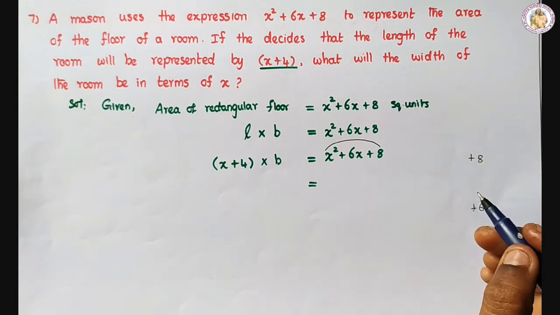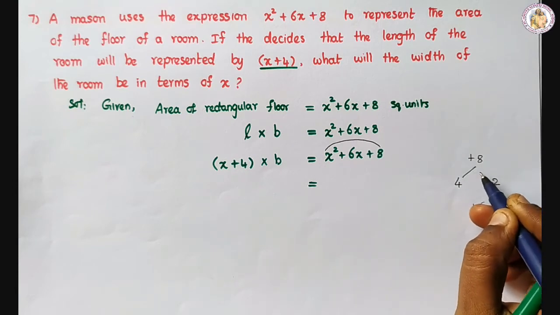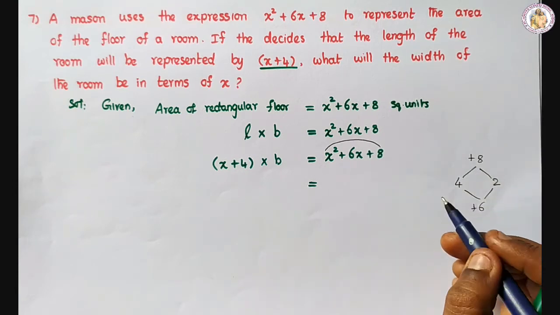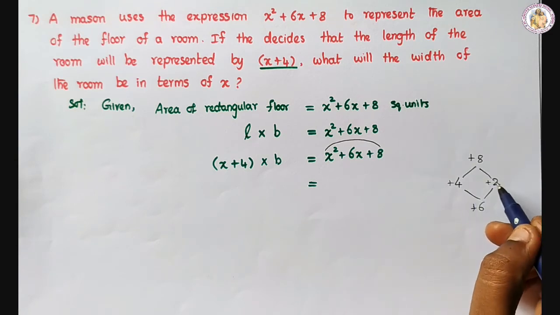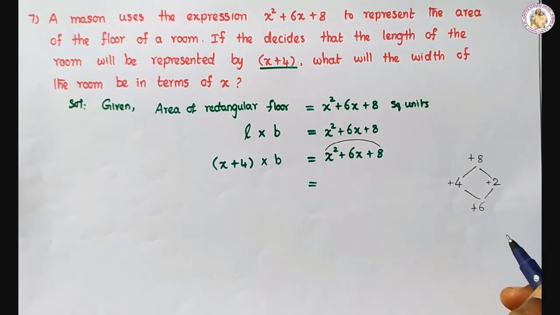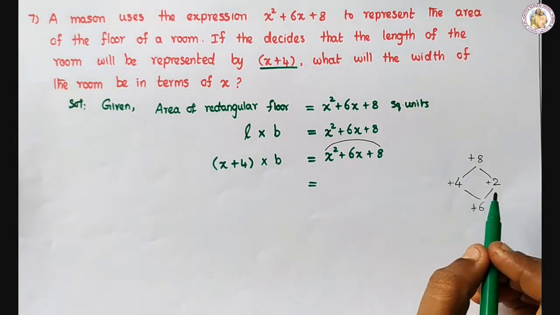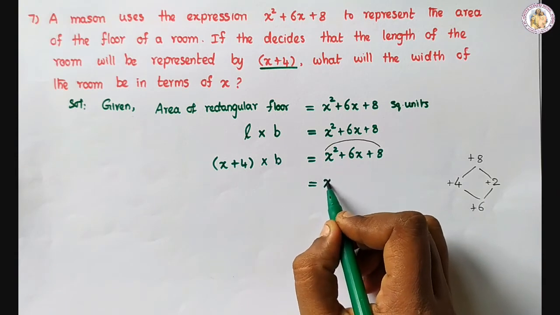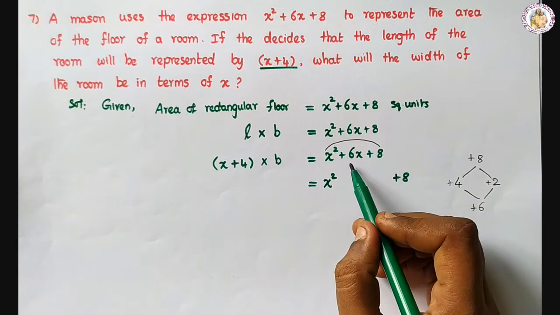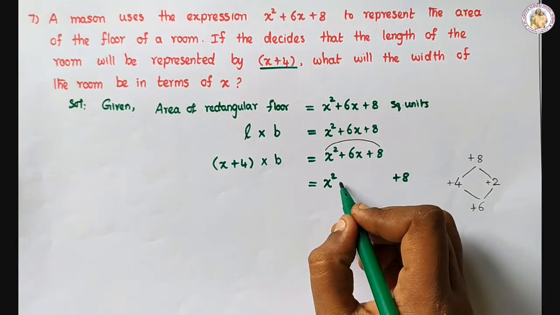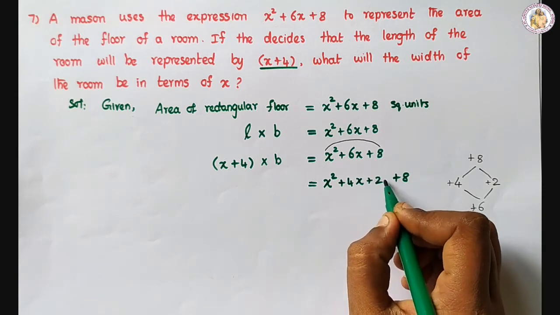What are the numbers? 4 twos are 8, right? Plus 4 plus 2: plus into plus is plus, 4 twos are 8, adding gives plus 6. So the numbers are plus 4 and plus 2. Write x squared and plus 8 as it is, and 6x is split into plus 4x plus 2x.